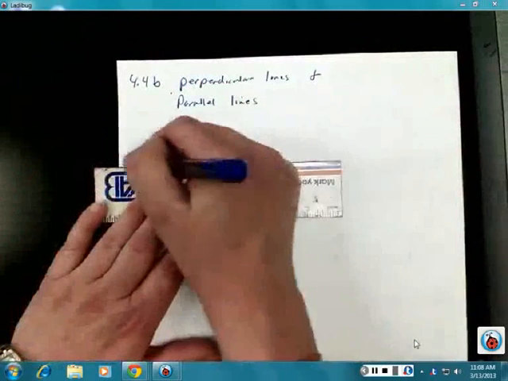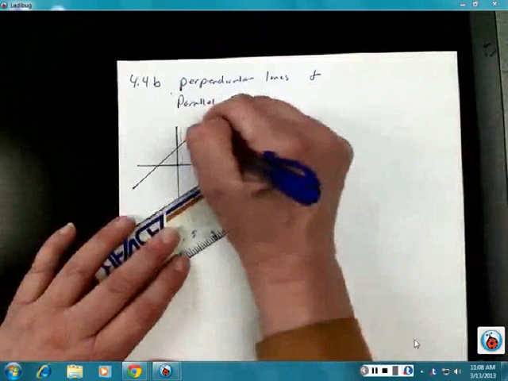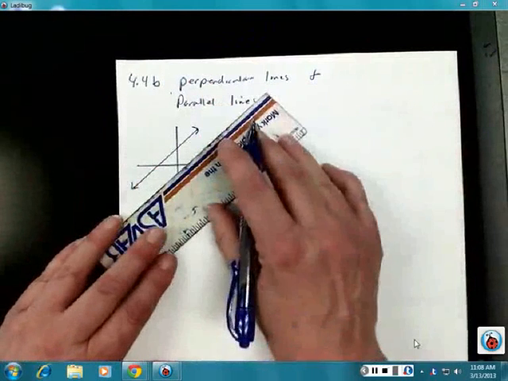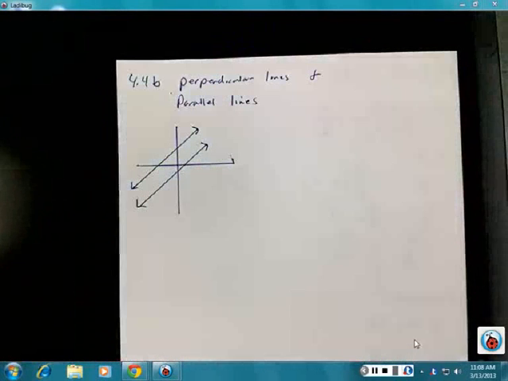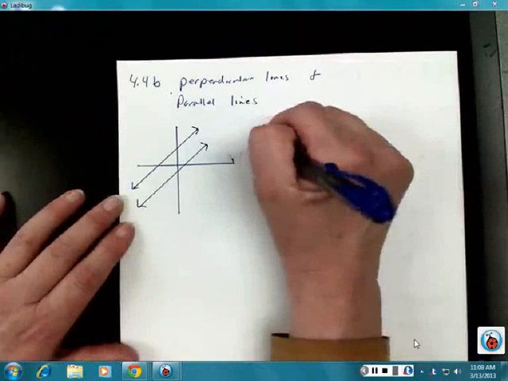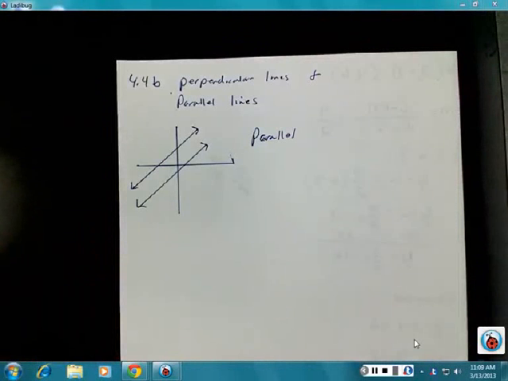So if this were my graph, and I had two lines, one's going that way, one's going this way, what kind of lines are those? Parallel lines. Parallel, yeah. Oh no, are we getting another formula? Nope. Not another formula, just remembering what parallels and perpendiculars do.